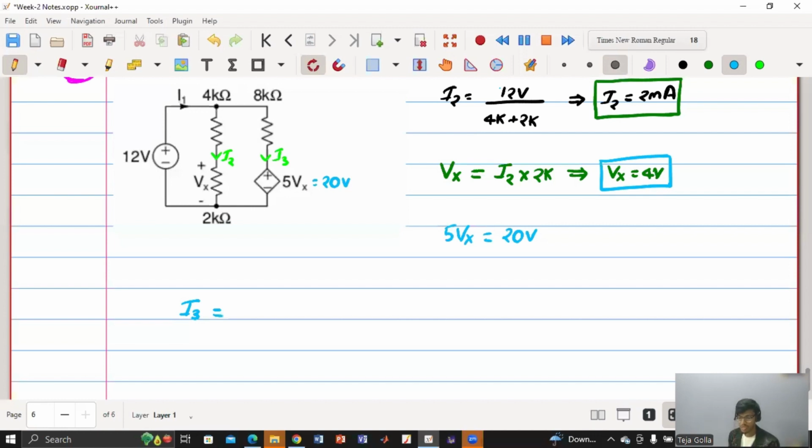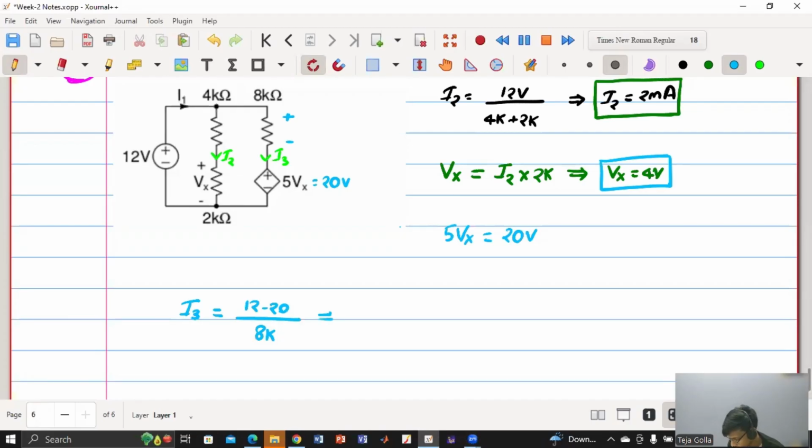I3 is voltage across that resistance 8k by resistance value. So can someone tell me what will be the voltage across this resistor? Someone is mentioning, yes, 12 minus 20, Trishul, you are right. So I3 is nothing but voltage across that resistor by the resistance value.